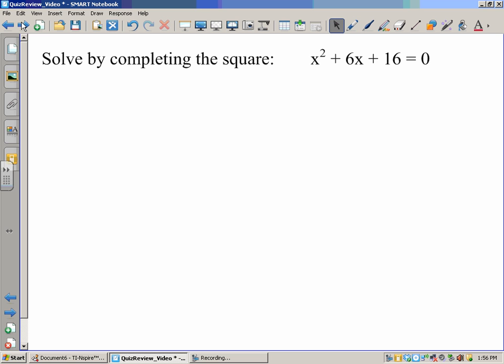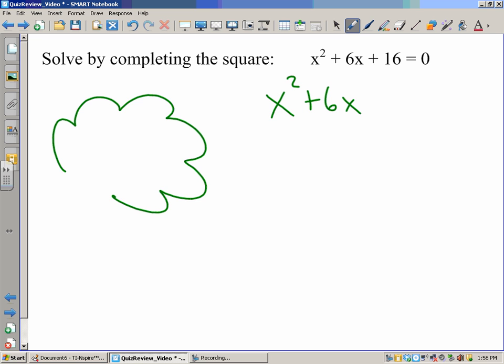Next up, we have solving by completing the square. I love this. I just love it. So if I want to complete the square on the left side, I'm just going to do x squared plus 6x. And now I need to think about it. Completing the square is about making a perfect square trinomial.